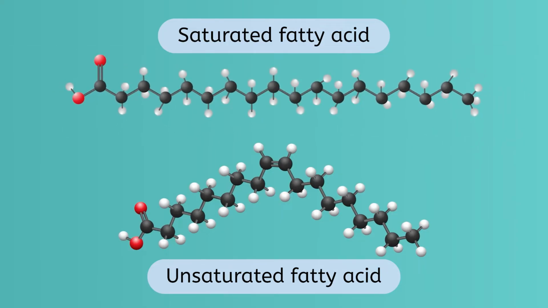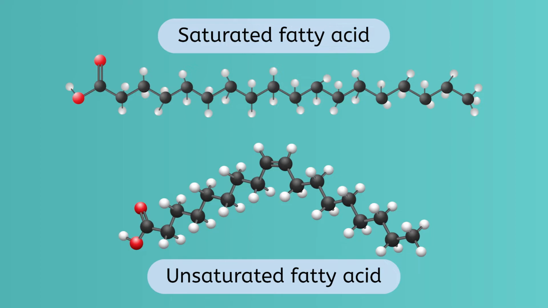In the saturated fatty acid, all carbons meet this requirement by forming 2 single bonds with other carbons and 2 single bonds with hydrogens. The carbon chain is bonded to as many hydrogens as possible. In other words, the fatty acid is saturated with hydrogen atoms.